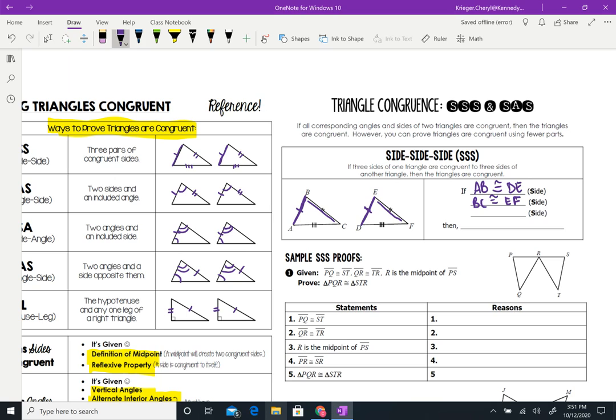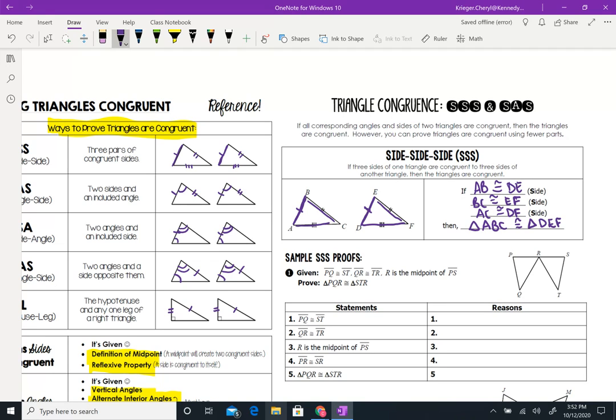They're the same length. And AC is congruent to DF. Okay, so our third side length is the same as our third side length of the other triangle. Then we get to say that triangle ABC is congruent to triangle DEF.